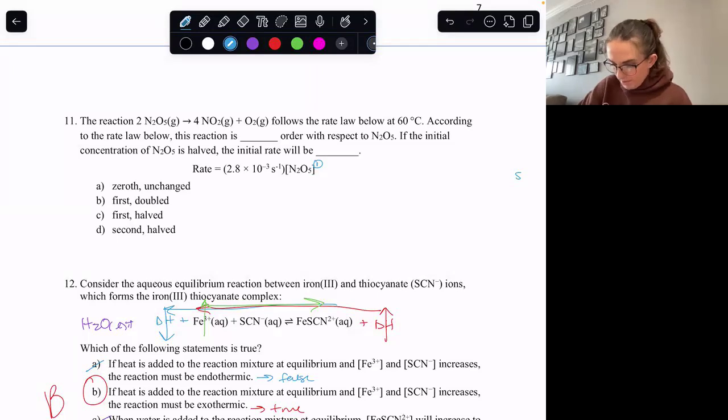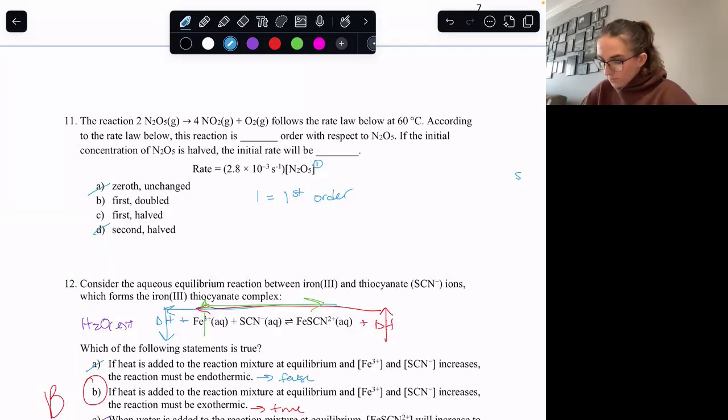Yep, it should be first, so we can get rid of A and D. So 1 equals first order. If you don't see the reactant there, that means it has an exponent of 0, which makes the whole thing 1. So if the reactant is in your elementary step but does not appear in your rate law, it has a zeroth order.